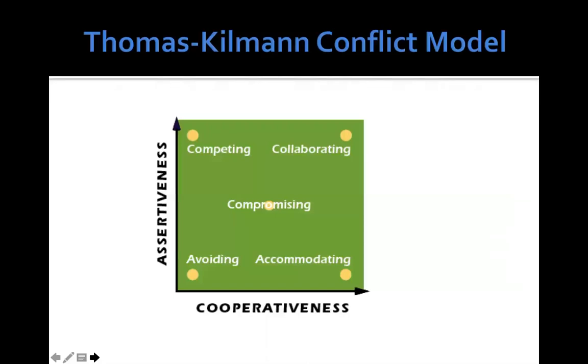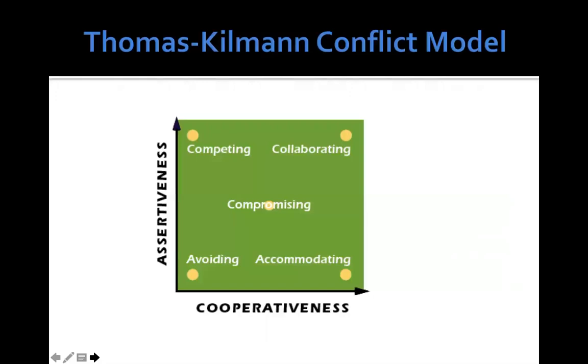The questions are designed to assess an individual's behavior in situations in which the concerns of two people appear to be incompatible. So when people are in conflict, the spectrum, according to this model, is your degree of cooperativeness and your degree of assertiveness. Those with low cooperativeness and low assertiveness are going to avoid. Cooperativeness is putting others' needs first, assertiveness is putting your needs first.